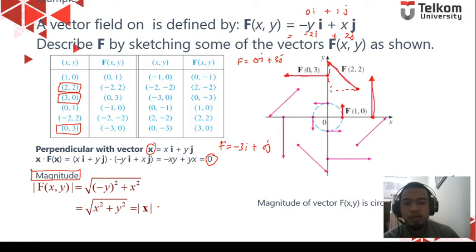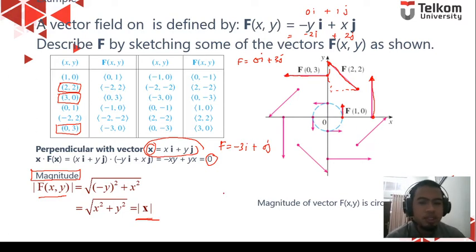So the magnitude of the vector field should be equal to the magnitude of the vector x, which means the magnitude of the vector field makes the circle.